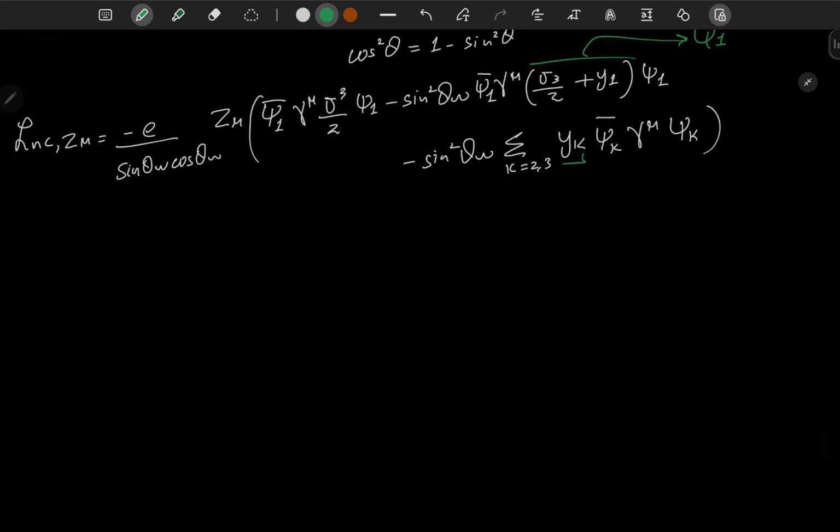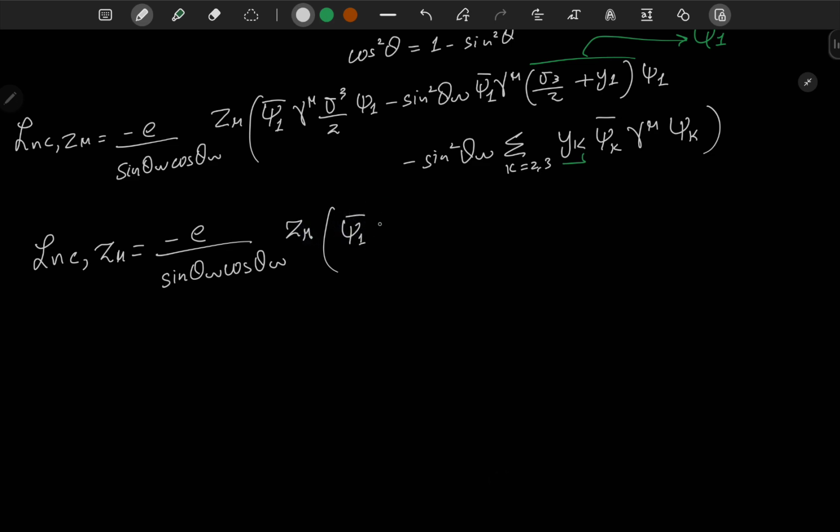So I'm going to write it down. So the neutral current mediated by the Z boson is finally here. Finally we are getting somewhere. Okay.